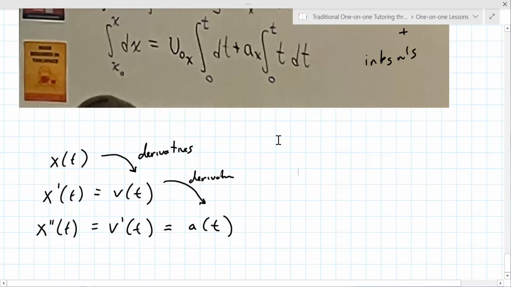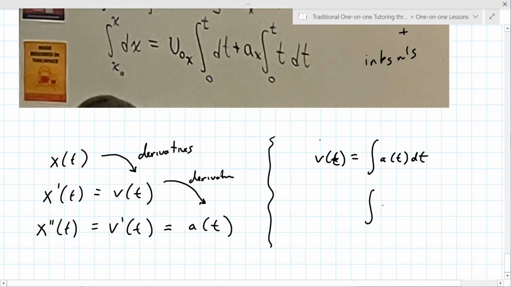Now that's like calc 1. Calc 2 is integrals. You've been doing a lot of that. So the integral of acceleration is velocity. If you have acceleration, you take the integral, you get velocity.